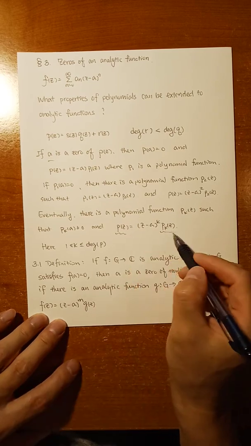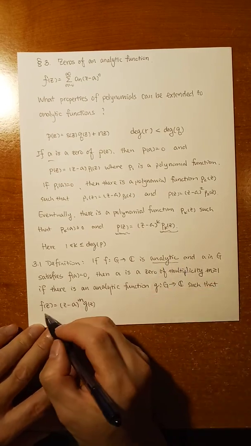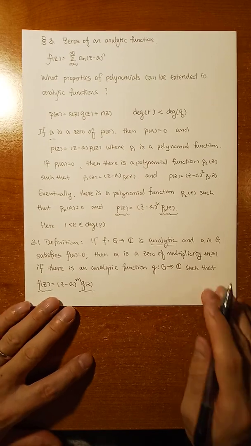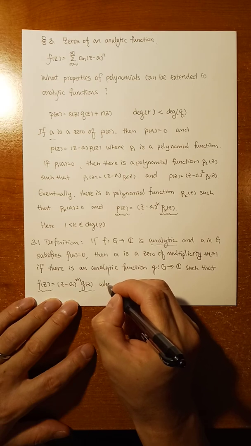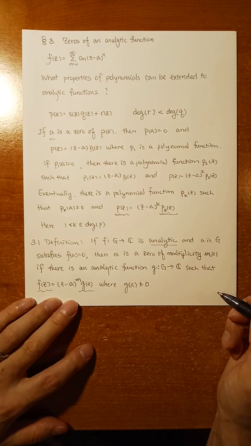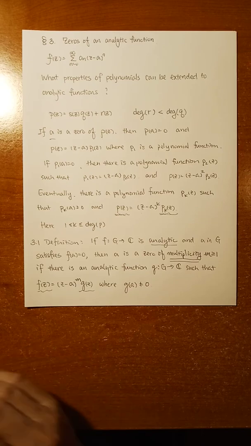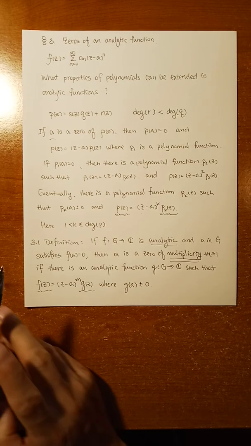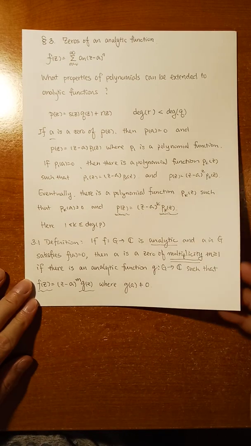Here we were talking about polynomials, so you have a polynomial and a polynomial. Here we're talking about analytic functions, so here f is analytic, and g of z is also analytic, and g of a is not equal to 0, right? So that's our multiplicity. So we can define this. So this is one similarity about the multiplicity of zero.